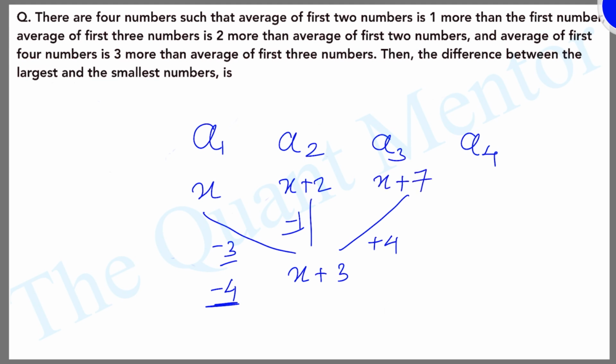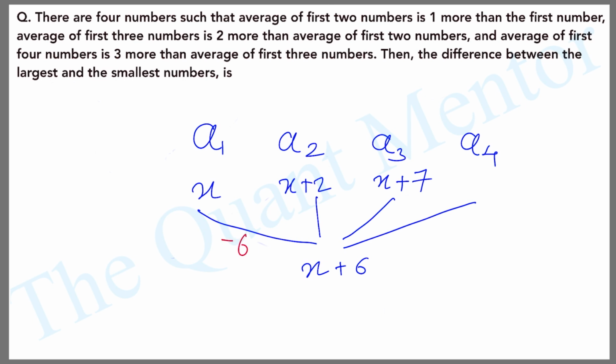Next, the average of the first four numbers is 3 more than the average of the first three numbers. For the first three numbers, the average we have found is x plus 3. 3 more than this will be x plus 6. So the average of the first four numbers is x plus 6. Now, the first number has a deficit of 6 from the average. The second number has a deficit of 4. The third term has an excess of 1 from the average.